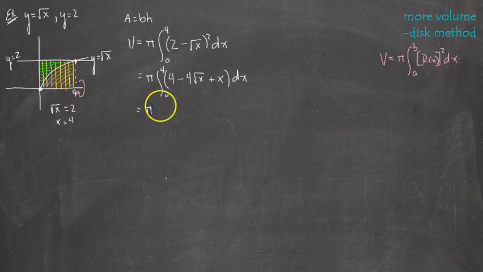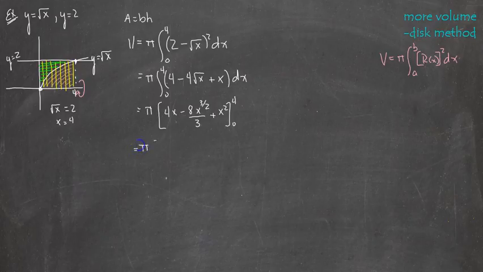Antiderivative: pi times 4x minus 4, let's see, x to the 1/2, x to the 3/2, so it's 8 x to the 3/2 over 3, plus x squared, evaluated on the interval from 0 to 4.